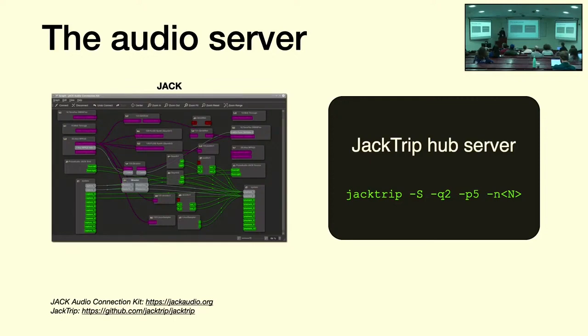Patching can subsequently be done using Jack's API for connecting ports. Any client that connects to a hub server, as long as it does so in the correct way, will appear in Jack, in the routing graph, as an audio device with a number of I/O ports specified by N here, the final argument to the hub server.